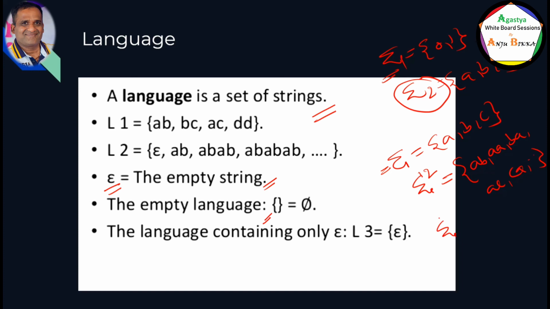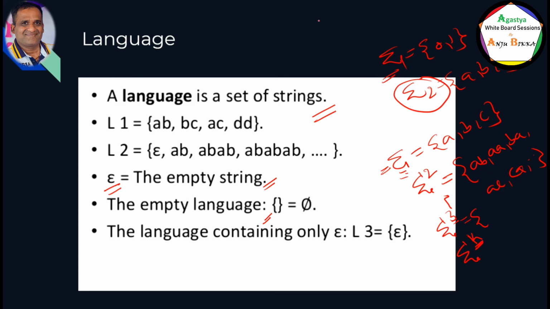Sigma power 3 is the set of all strings over sigma of length 3. Then sigma power k is the set of all strings of length k over sigma.